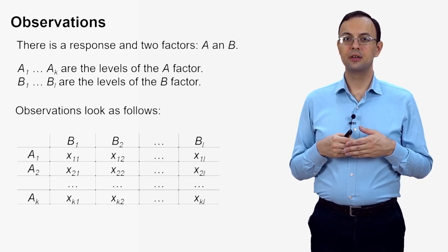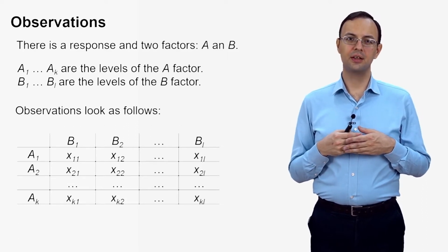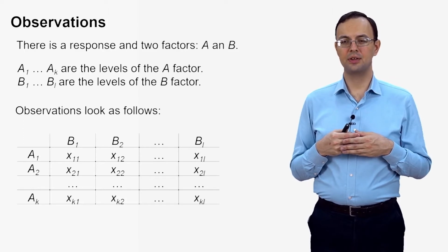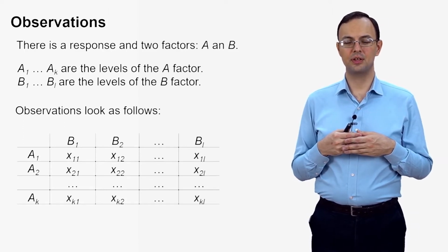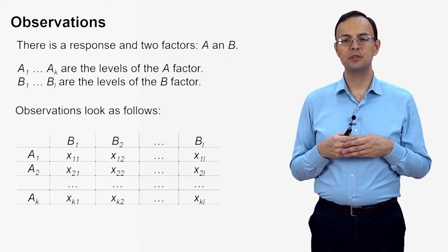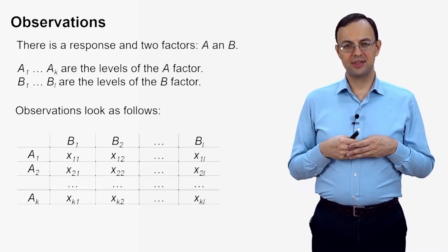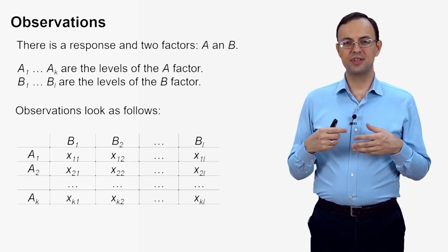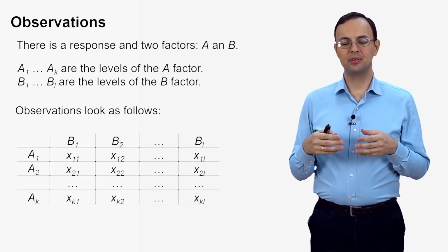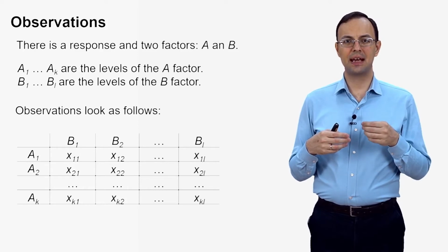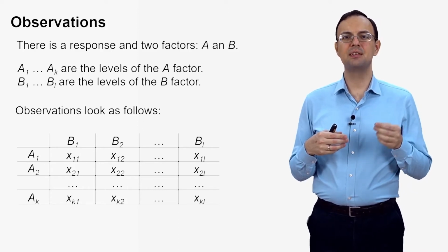So the rows correspond to the levels of the A factor and the columns correspond to the levels of the B factor. And in practice, what is inside this table are not just single values of the response, but mean values.